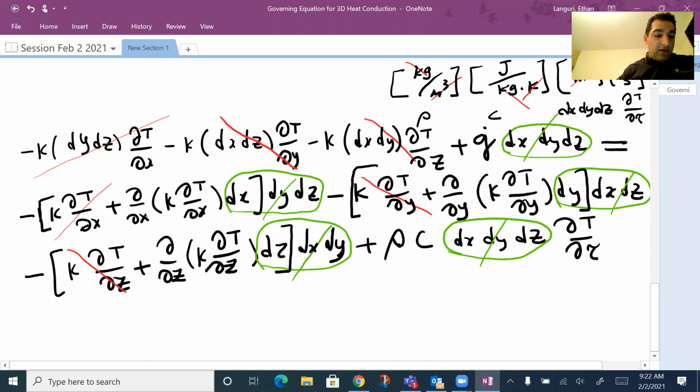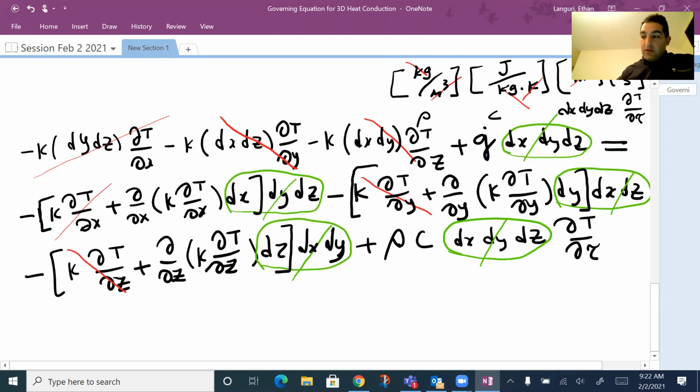So del over del x of k del T over del x, plus, same thing for the y direction, del over del y, k del T over del y. We don't have that volume, we don't have anything else. Same thing with z. And we're going to keep this positive on the same right-hand side of the equation.